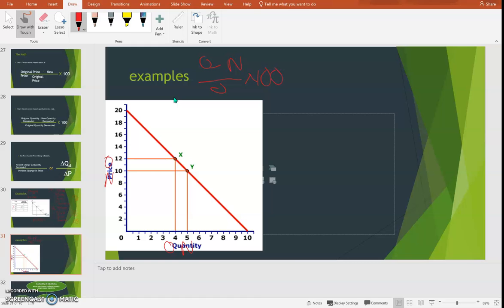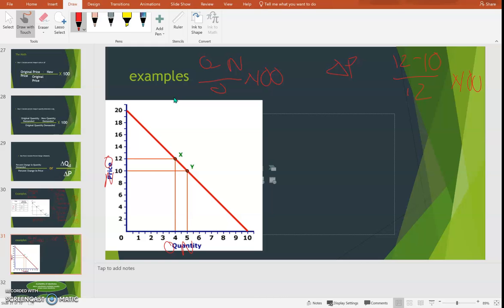I'm sorry that this looks so terrible. Okay. If at any point you need to pause the video or rewind this, please do so. Okay? All right. So we're going to calculate delta P first. So our original price is 12 minus 10, our new price, over 12 times 100.